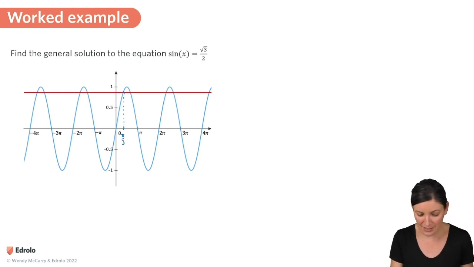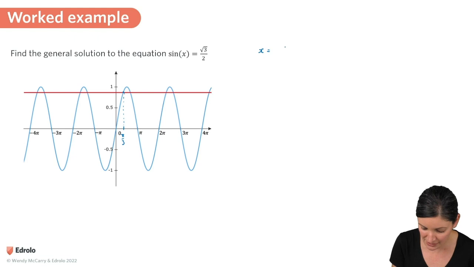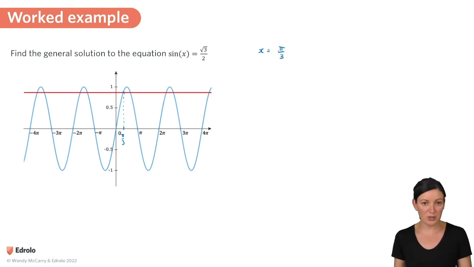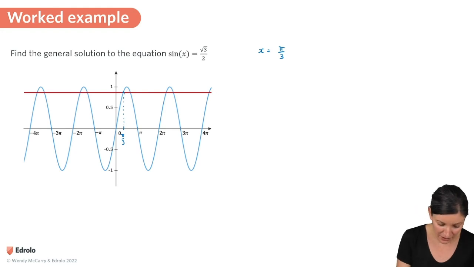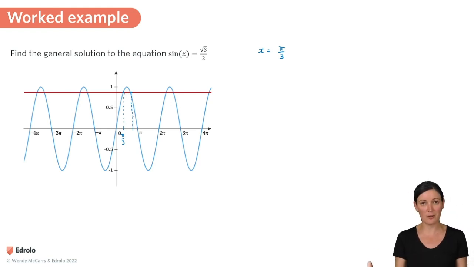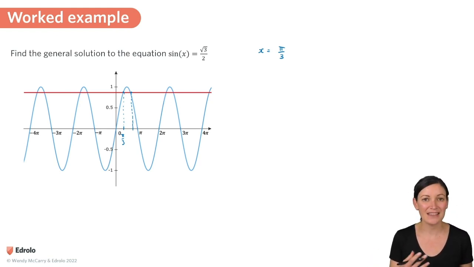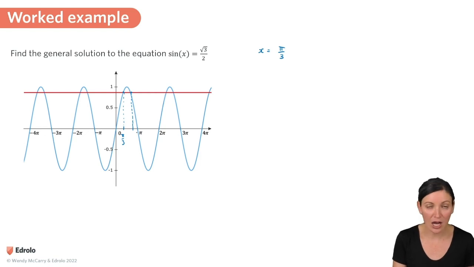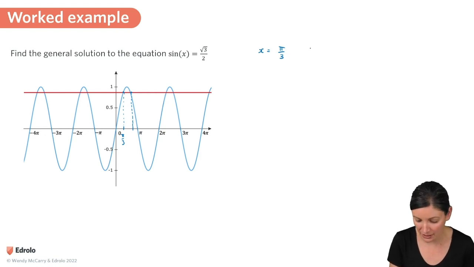Now my next solution, so I'll just start writing that down, x is equal to pi/3. Now my next solution is going to be right here. Okay, and we know because of symmetry and all of the trigonometry we've been doing so far that that solution is pi minus pi/3. And I'm going to leave it like that for now, pi minus pi/3.